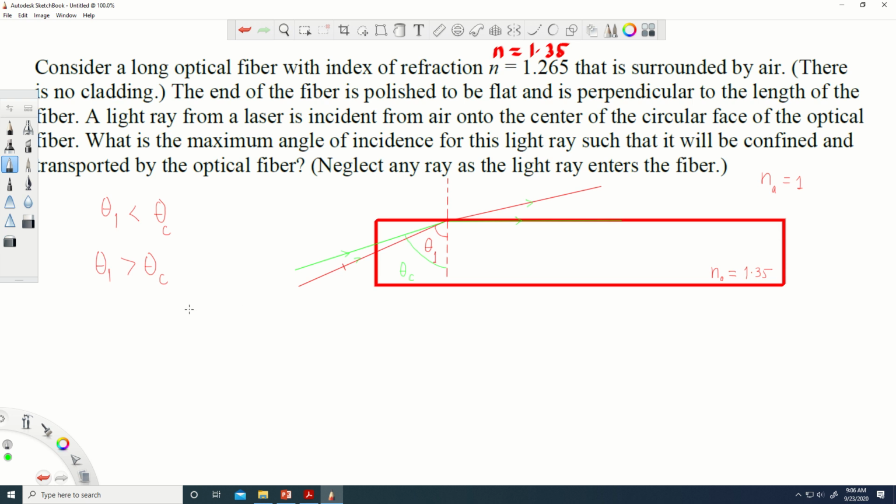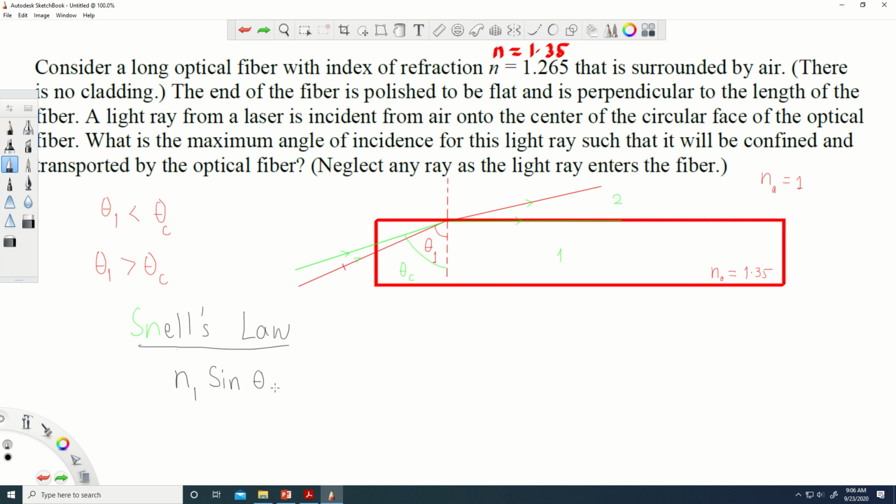So let's find the critical angle. We can use Snell's law, where this is medium 1 and that's medium 2. Snell's law: refractive index in medium 1 times sine of the angle in medium 1. Let's say it's theta c, which is the critical angle, but for now we can just say theta 1.